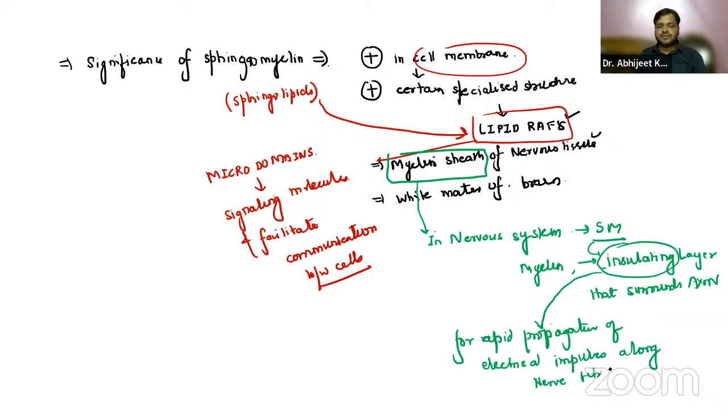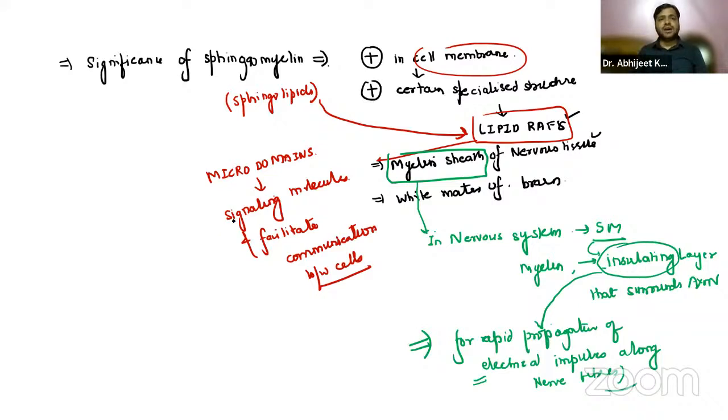So in the nervous system, sphingomyelin forms the insulating layer that surrounds the axon, and that insulation is very necessary for the rapid movement of electrical impulses along the nerve fibers.